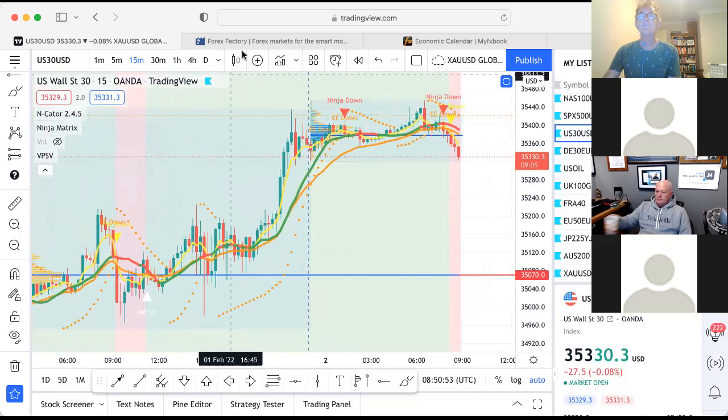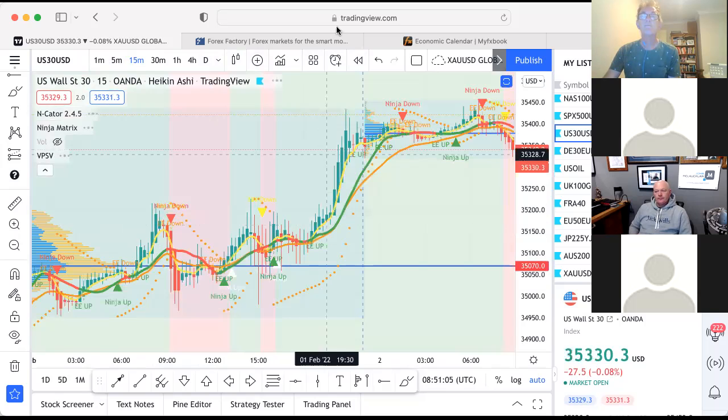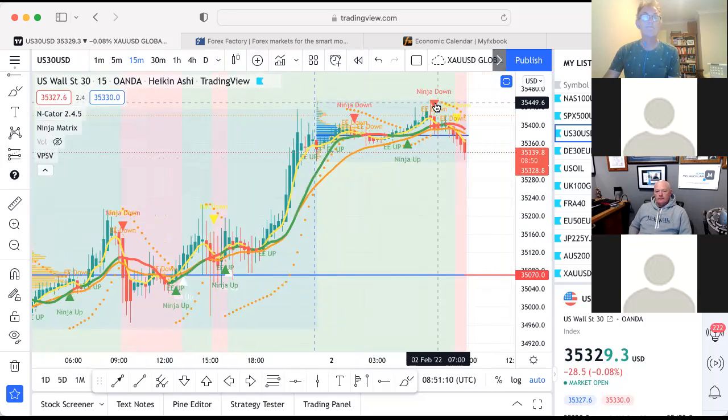If I can move you guys out of the way, go to Heikin Ashi candles. So we've had a ninja down at that point. We've now got a ninja matrix down.